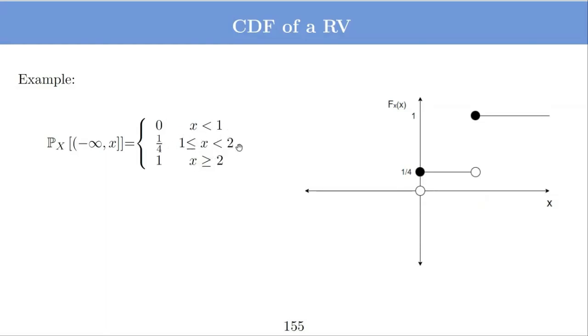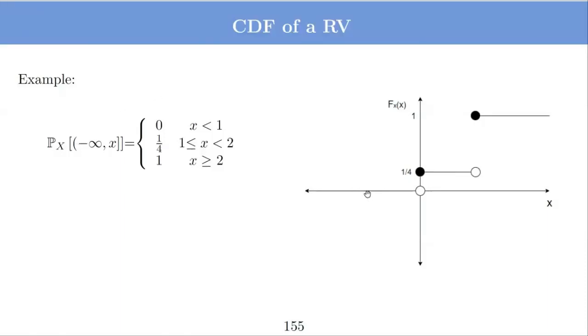When x is between 1 and 2, it is 1/4. And when x is greater than or equal to 2, it is 1. Whenever the set includes 1, you add 1/4. When it also includes 2, you add 3/4. And when it includes both, you add 1/4 and 3/4. So this will be the CDF of this random variable X.